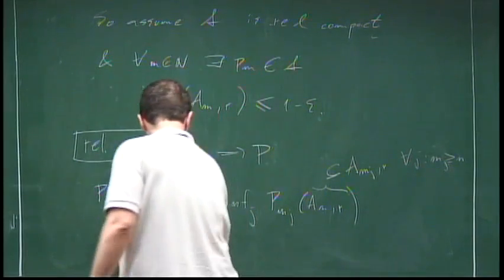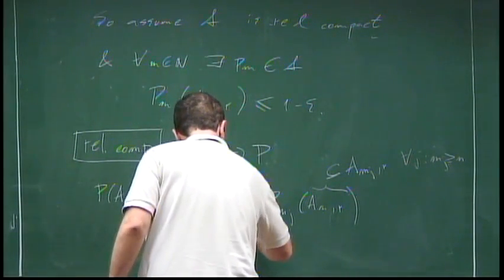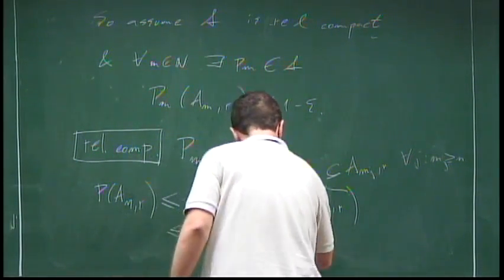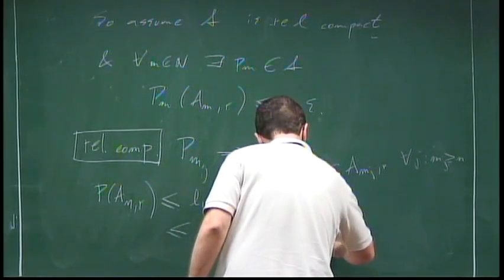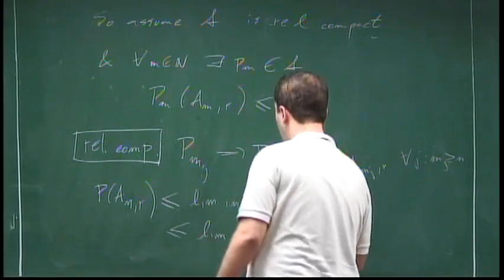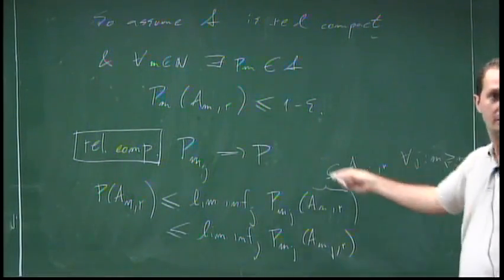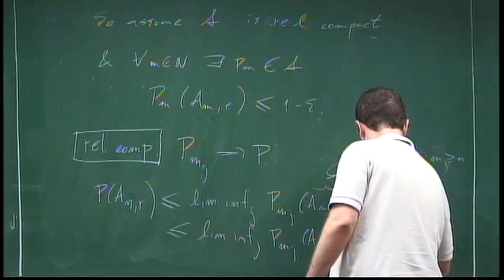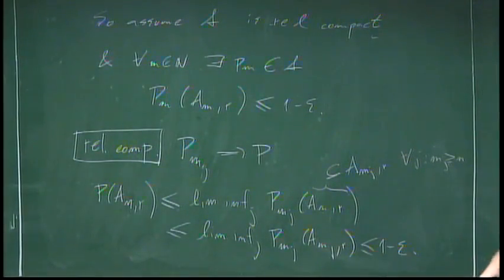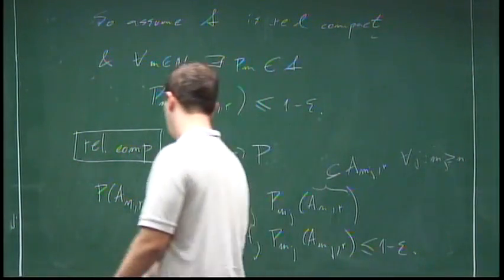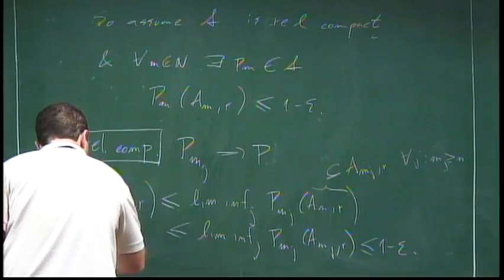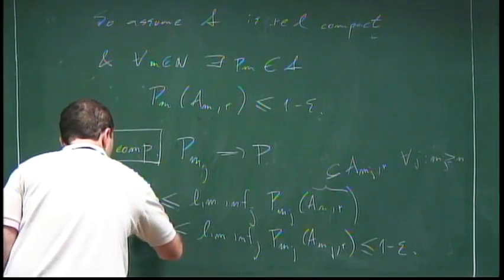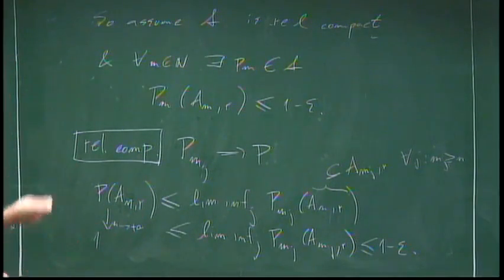So this is less than the limit infimum of P_{m_j} of A_{m_j}^r. And this, by what we wrote over here, is less than 1 minus epsilon. But now we get a contradiction, right? Because this thing converges to 1 when n goes to infinity, because these sets exhaust the whole space.